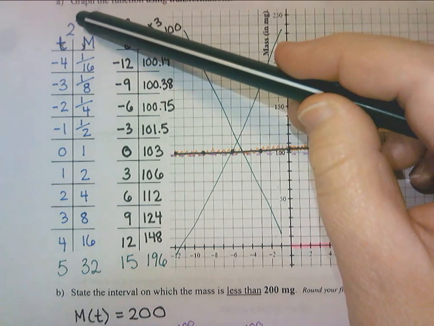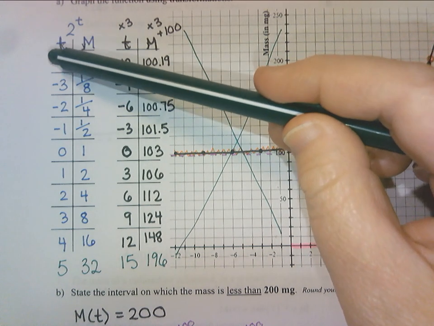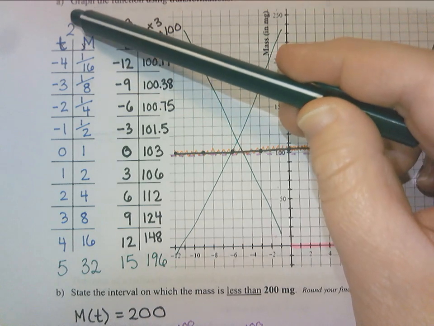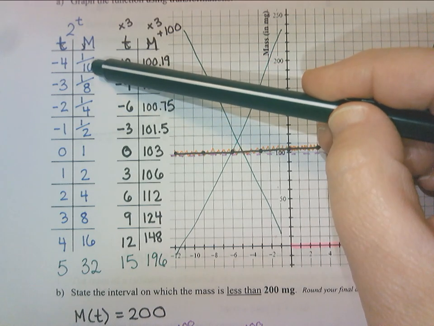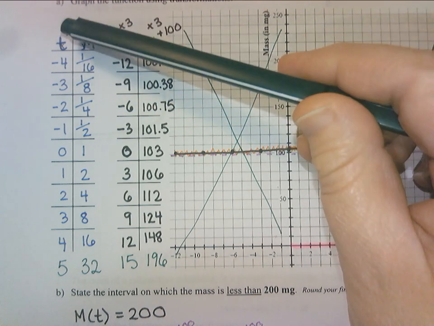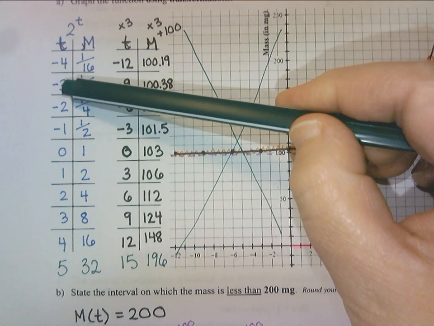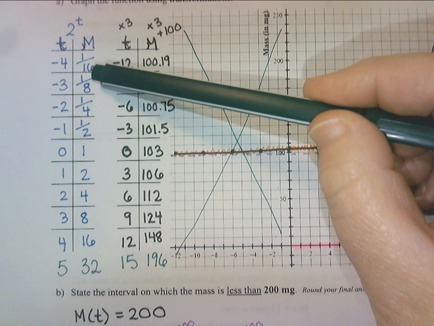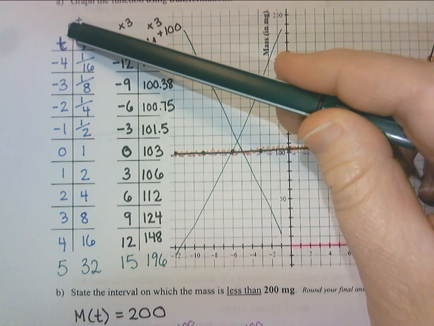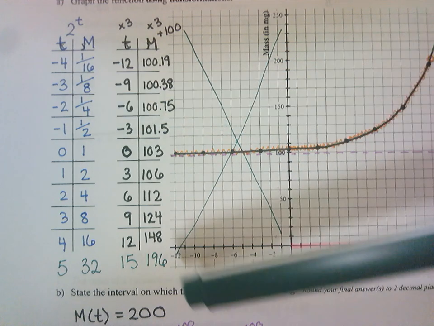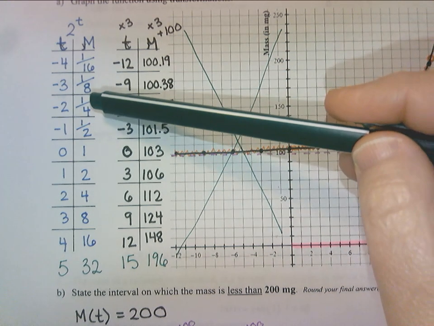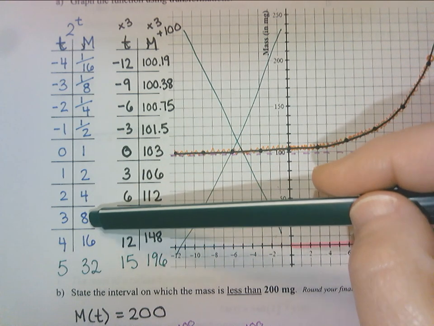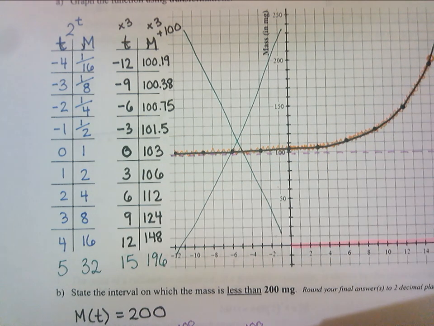So 2^-4, the negative exponent makes it a fraction, so I did 1 over 2^4, which was 16. Then I did 2^-3, that negative exponent made it a fraction, so I wrote 1 over 2^3, which is 8, and then I continued doing that to get 1/4, 1/2, 1, 2, 4, 8, and 16.